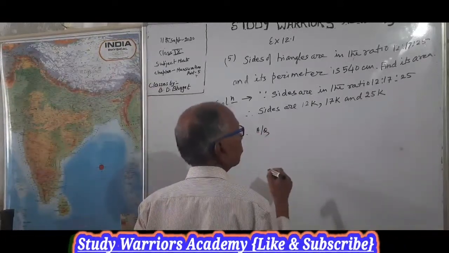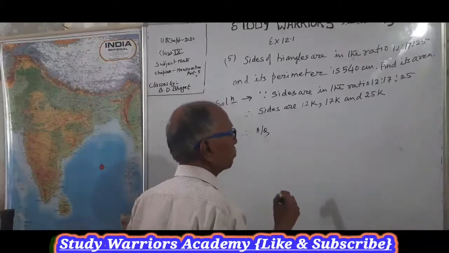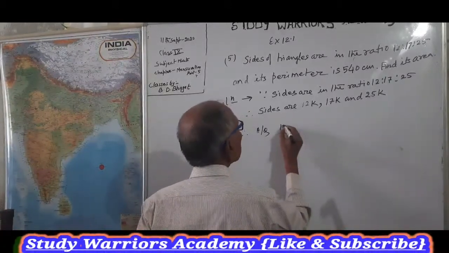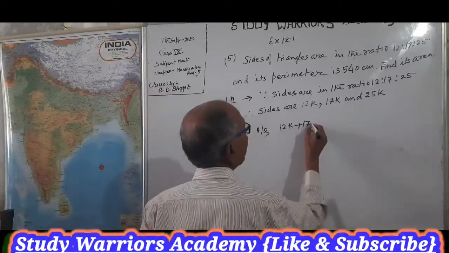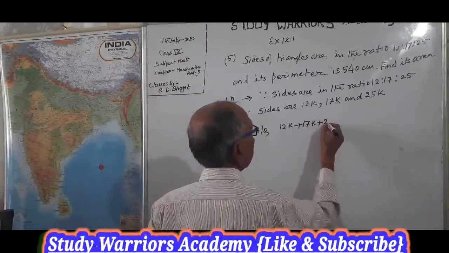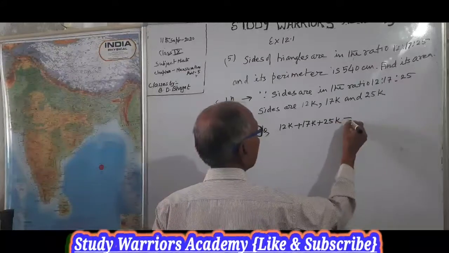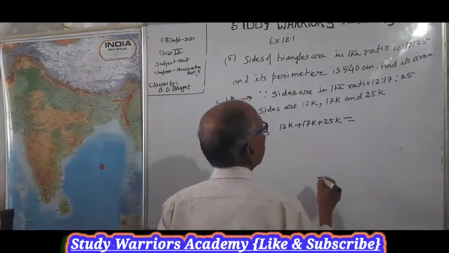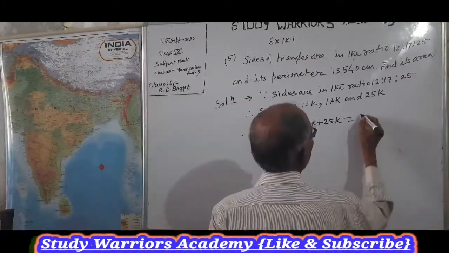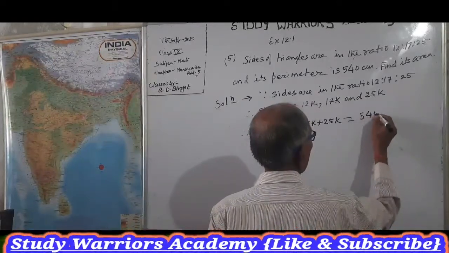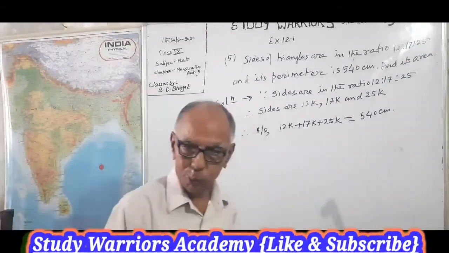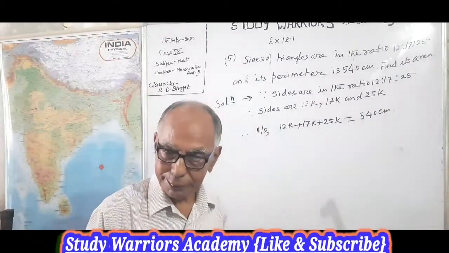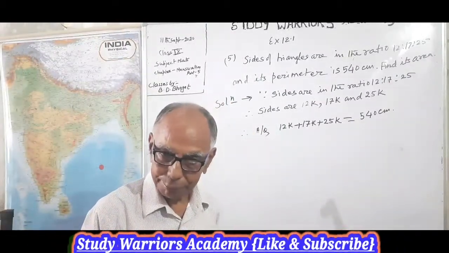Therefore, according to question, perimeter is given. Perimeter means sum of three sides: 12k plus 17k plus 25k is equal to 540 centimeter. Because you know the sum of all the sides is called perimeter.